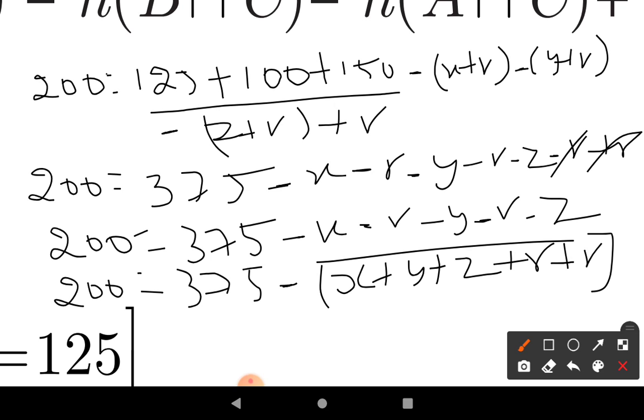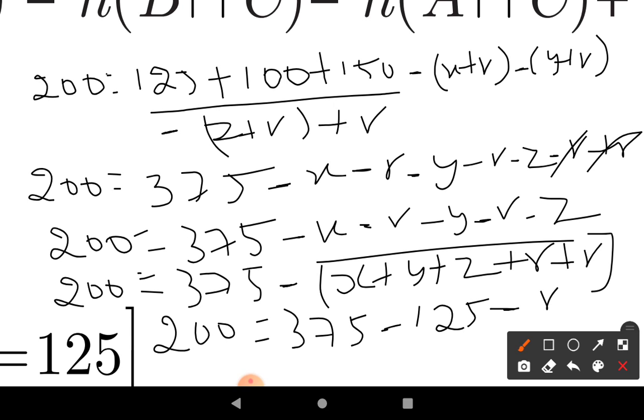Already in the equation what you have written, x plus y plus z plus r is equal to 125, right? So write this 125 here, and this r, when it comes outside the bracket, that becomes minus r. Okay, because we are taking only these values, x plus y plus z plus r is equal to 125, so I have written minus 125 because it's coming out of the bracket, and this also coming out of the bracket, it becomes minus r. So I hope you understood these steps.